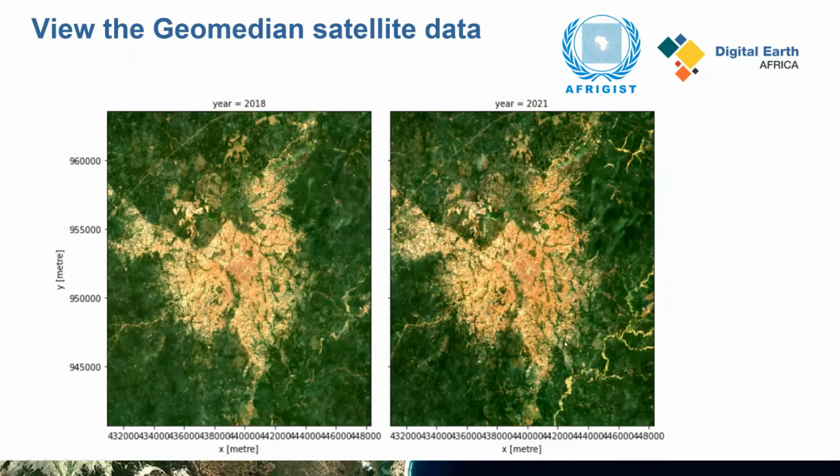So around this line, also, you will notice that there are new constructions, new buildings, and also around this area, new installations, maybe agricultural area has been developed around this area as well. So those are visual observations that you could directly make based on what the geomedian data is giving you.